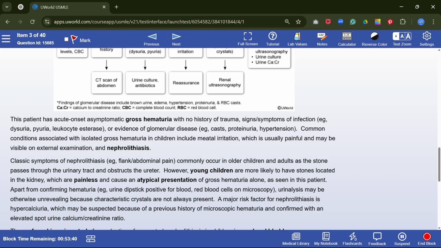Apart from confirming hematuria, urine dipstick positive for blood, red blood cells on microscopy, urinalysis may be otherwise unrevealing because characteristic crystals are not always present. A major risk factor for nephrolithiasis is hypercalciuria, which may be suspected because of a previous history of microscopic hematuria and confirmed with an elevated spot urine calcium creatinine ratio.